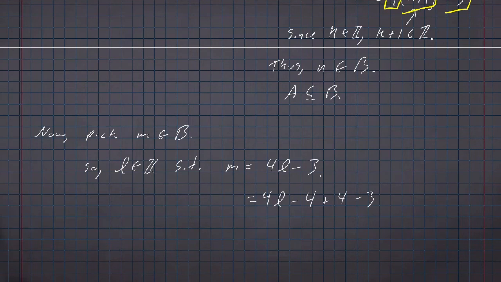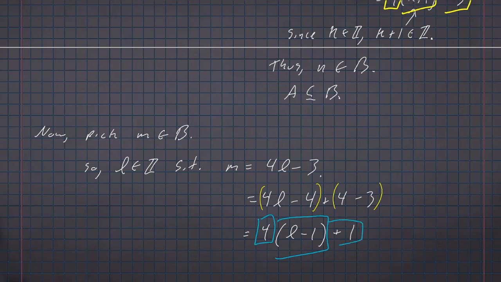And I'm doing that because in my first grouping here, 4L minus 4, there is a common factor of 4 I can bring out, and that leaves behind L minus 1. And in my second grouping, 4 minus 3 is 1. So just like we saw before, we have 4 times something plus 1.